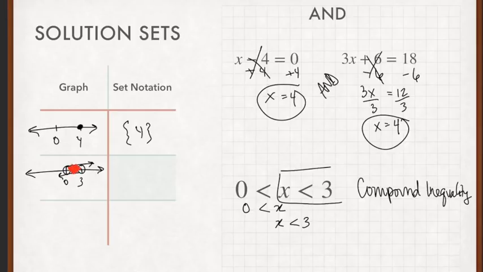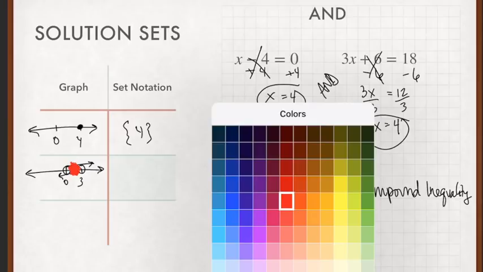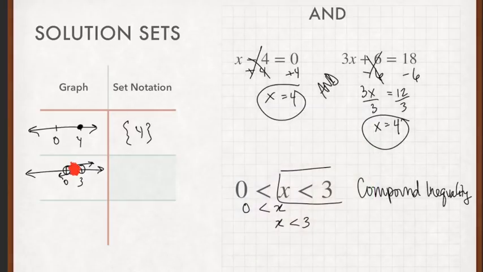So in this case, I can tell that anything after the 0 and before the 3 is an area where both solution sets intersect. So for example, the number 1 and the number 2, those would be some numbers that are in the solution set.